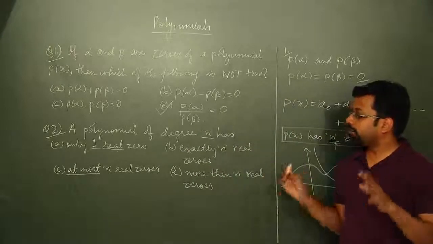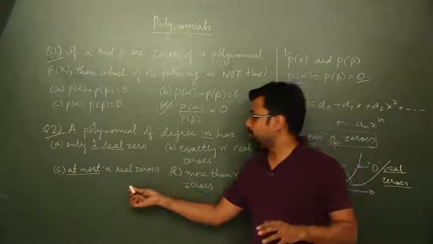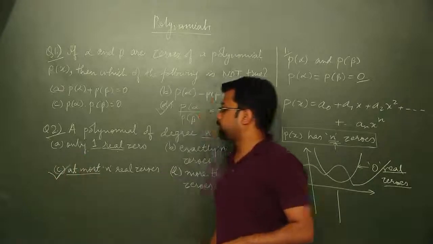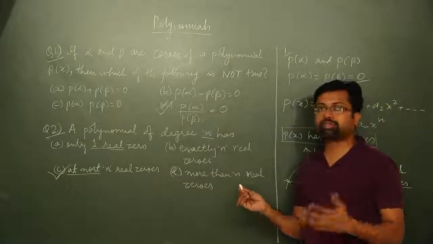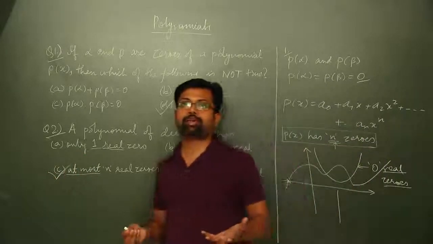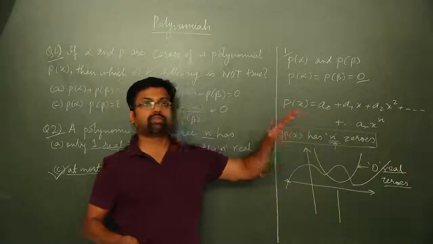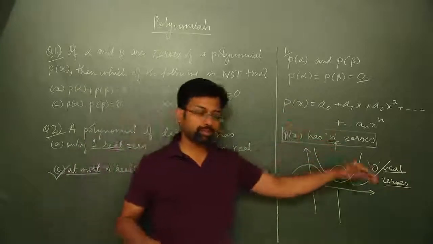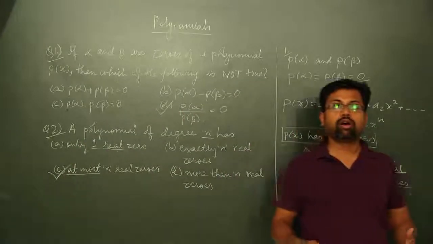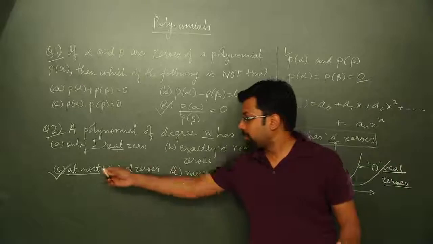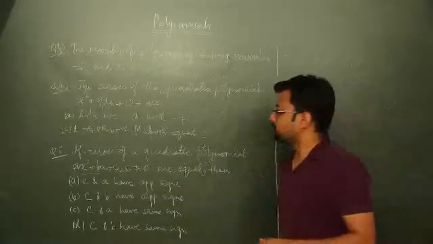So it will anyways have at most n real zeros. So this will be a correct option. More than n real zeros is obviously wrong, because any polynomial of degree n will not have more than n zeros. It will have n zeros only. Those n zeros could be real or they may not be real. So it will be at most n.